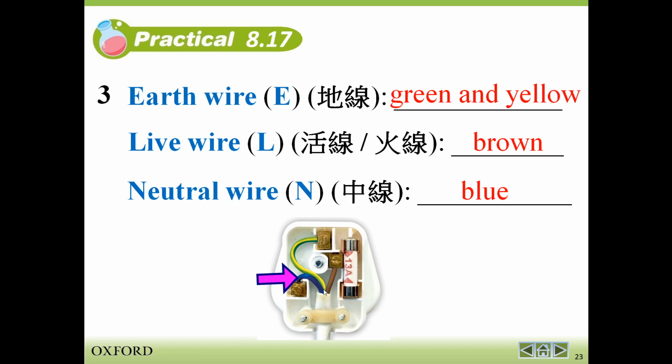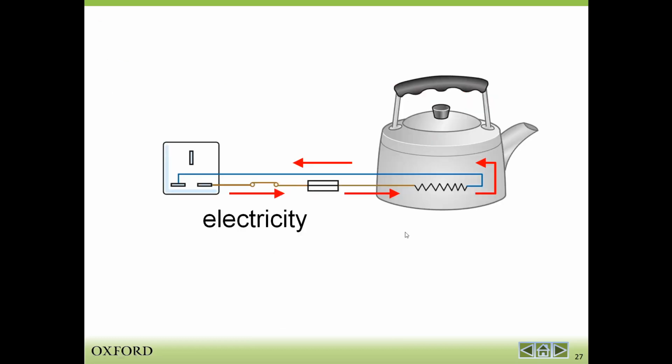Okay, we look at this hot pot, an electrical appliance. When you connect the electrical appliance to the plug, you can find the live hole supplies the electrical current passing through it.